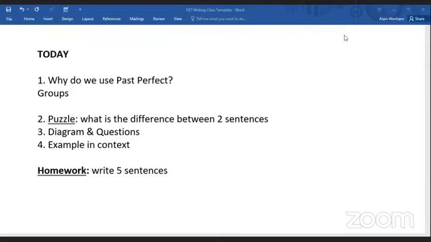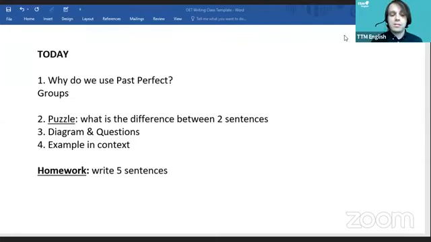Why do we use past perfect? Because I know loads of you know this, right? So this class is really just to clarify, hopefully, if I'm successful, how you can use it correctly in OET and why to use it in OET. So let's go into the groups, okay? Quick chat, 2 or 3 minutes. Why do we use past perfect?